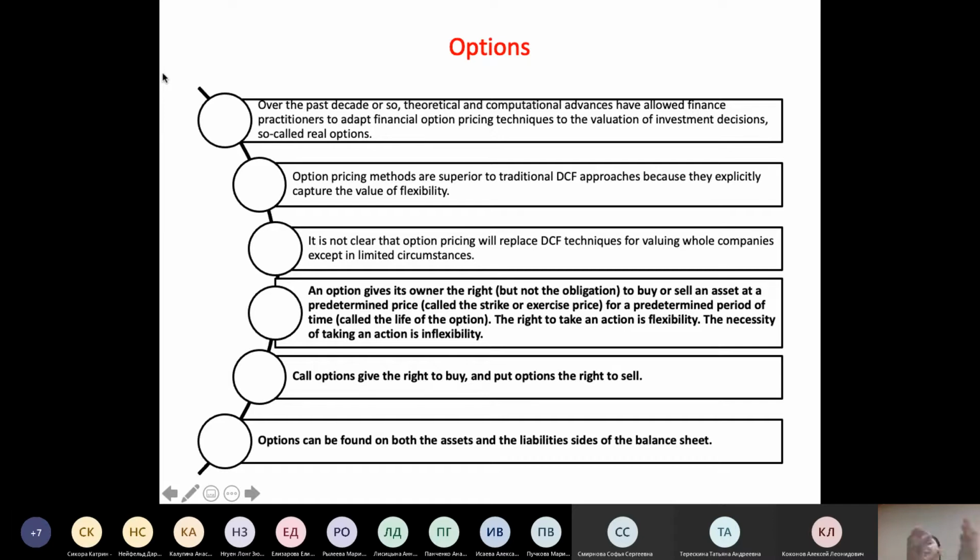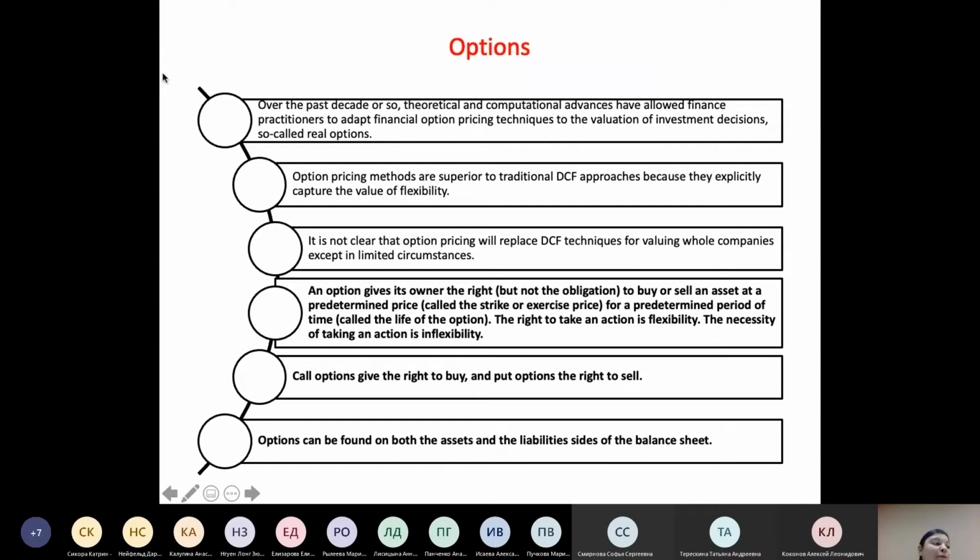Sometimes after receiving low or negative results based on our discounted cash flow approach, we can find the opportunities of our company, different possible actions of our company, and adding these opportunities can maximize the results of our DCF approach.